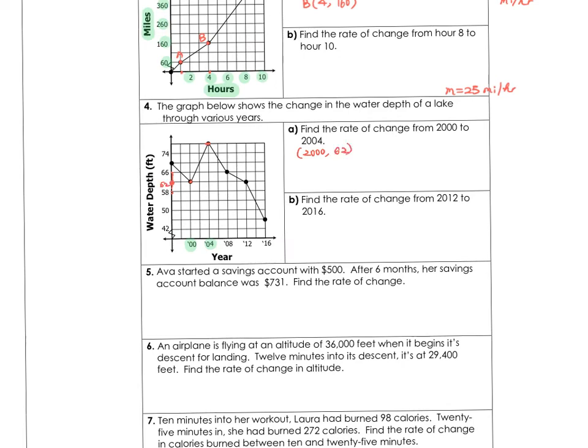So I have 62 feet. And then in 2004, I have it up here. So then I add another 4, that's 78. That's how we read it. And then you calculate the slope, which is 62 minus 78 over 2000 minus 2004.